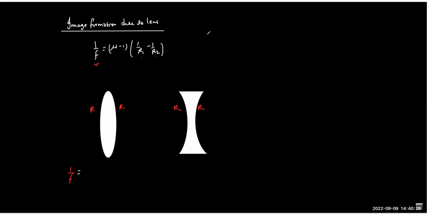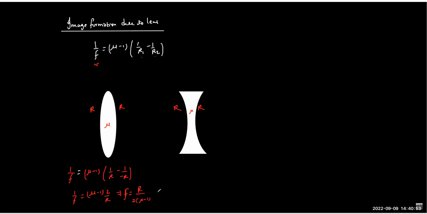Mu is the refractive index. So we can write 1 by f equals (mu minus 1) times (1 by plus R minus 1 by minus R). So 1 by f turns out to be 2 by R. And we have done this before, that the focal length is basically R upon 2 times (mu minus 1).